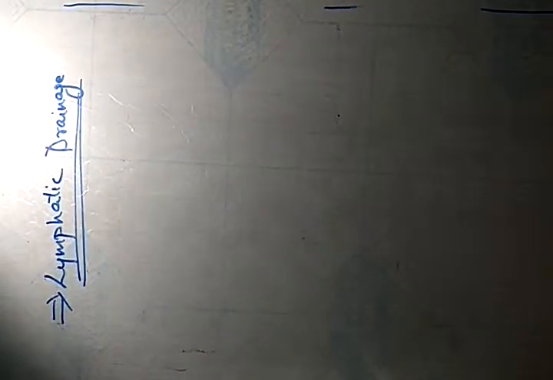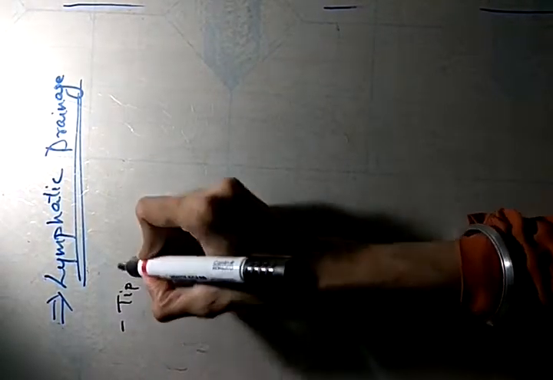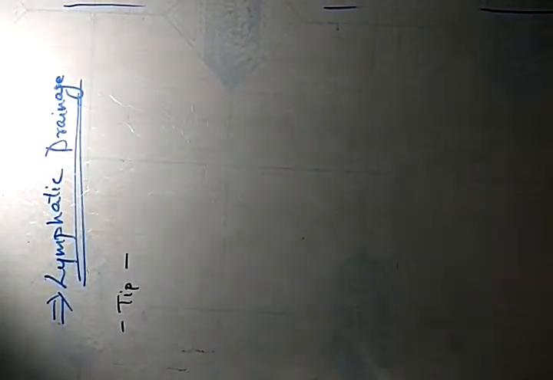Okay, so now moving on to the lymphatic drainage. If you're thinking why I haven't discussed the diagrams for muscle attachments, it's because we'll be discussing all the diagrams of lymphatic drainage, muscle attachment and nerve supply after we have covered this topic and arterial supply. So lymphatic drainage: the tip of the tongue is drained by submental nodes.